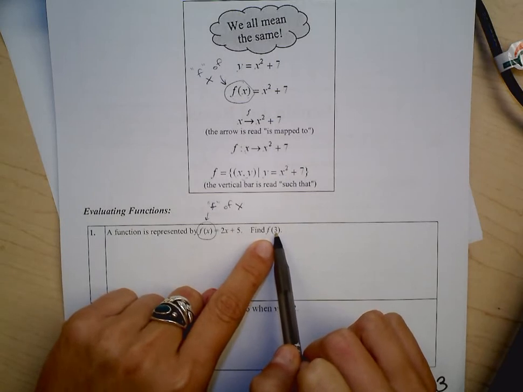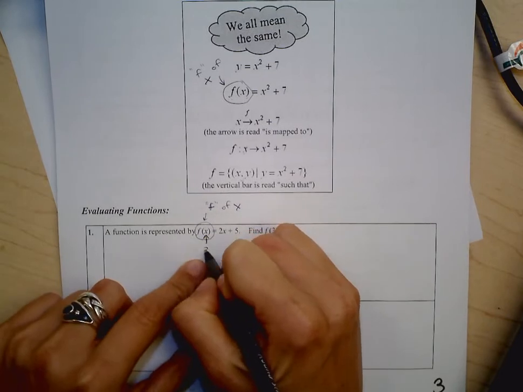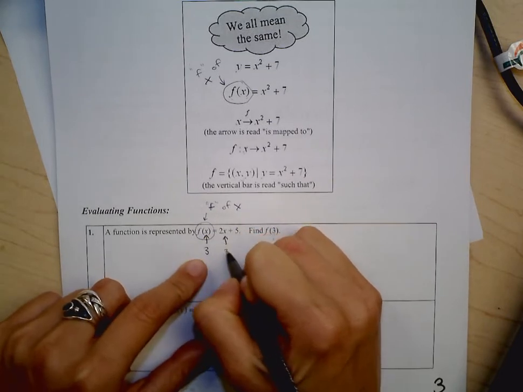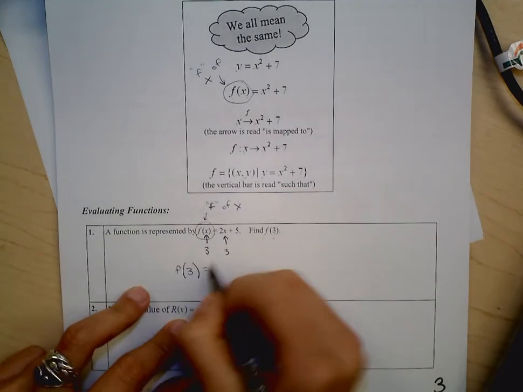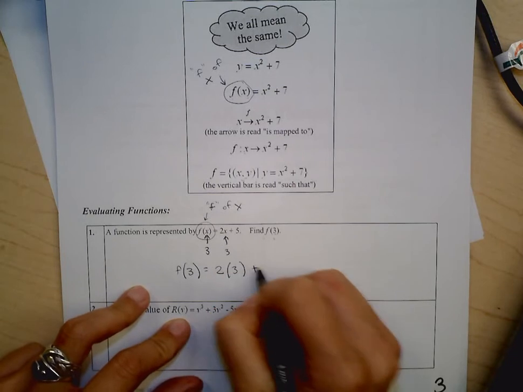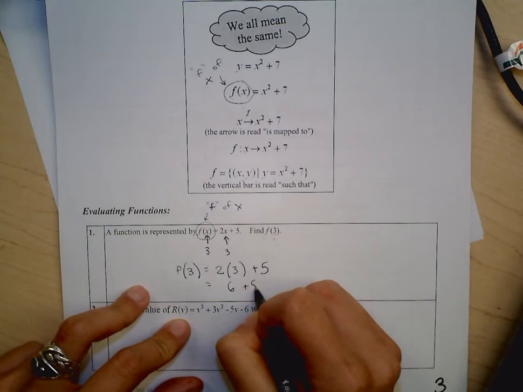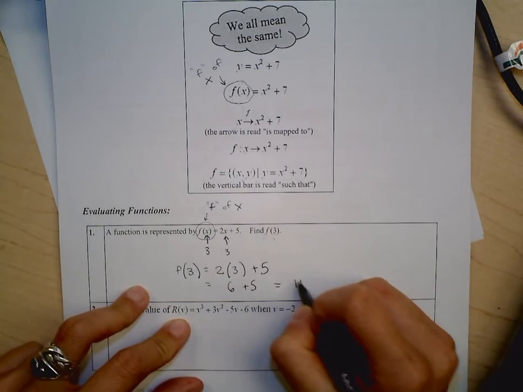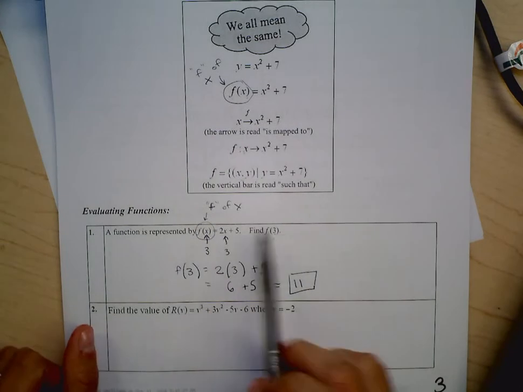We're going to replace 3 with the x. So I'm replacing 3 for this x and 3 for this x. So that means f of 3 is equal to, instead of 2 times x, I'm saying 2 times 3 plus 5. So this is going to equal 6 plus 5. So my answer is equal to 11. So you're evaluating the function when x is equal to 3.